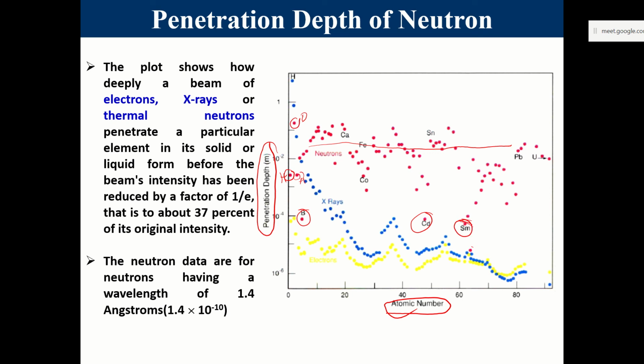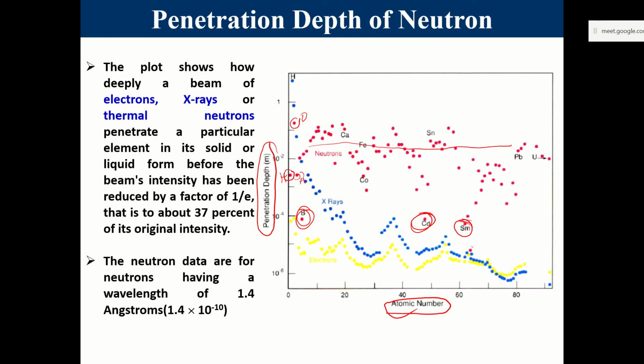Cadmium and boron capture the neutrons. Their nuclei capture them, which is known as neutron capture. You might have heard that in nuclear reactors, cadmium and boron rods are used for capturing the excess neutrons. Because of this, the scattering is less, and the neutrons are just stuck there.